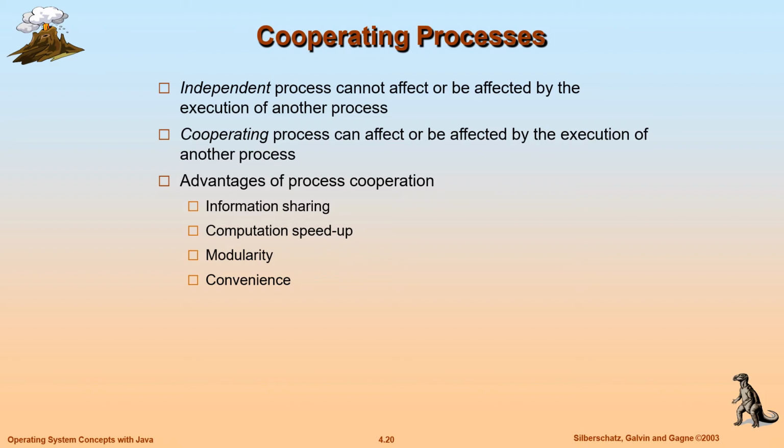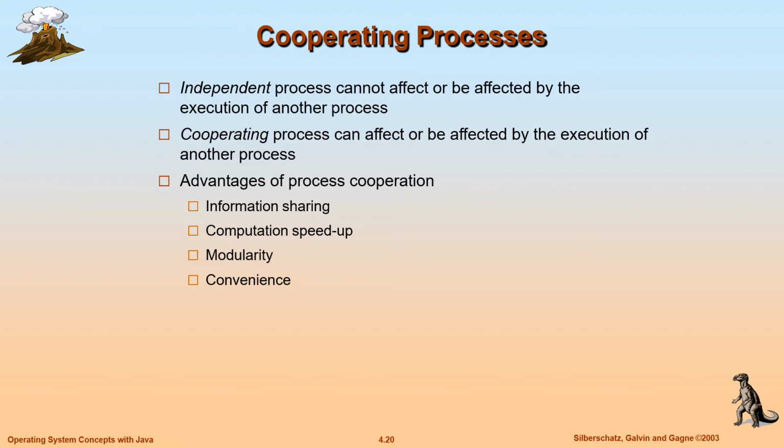Second, computation speedup. Suppose we want a particular task to run faster. We must break it into smaller subtasks, each of which executes in parallel with the others, so the speed will be increased and the task can be completed much faster.